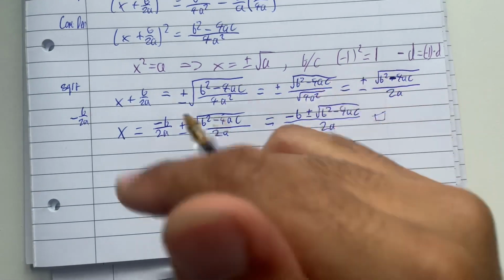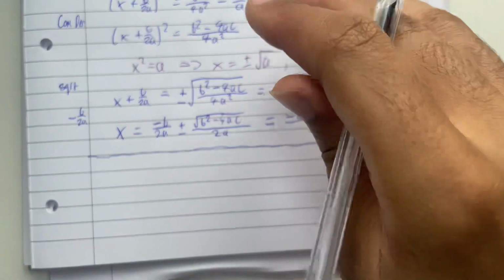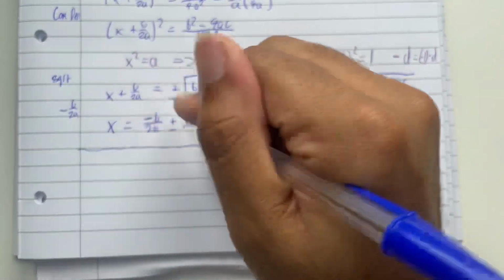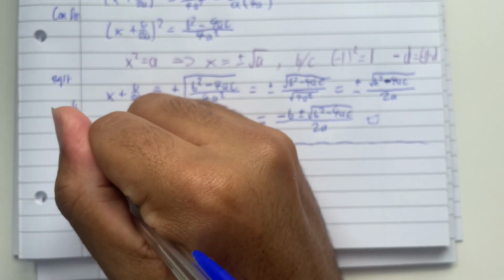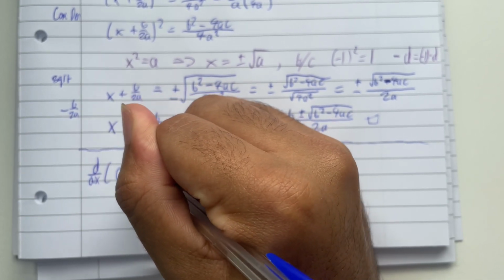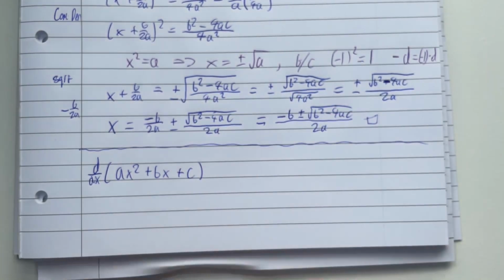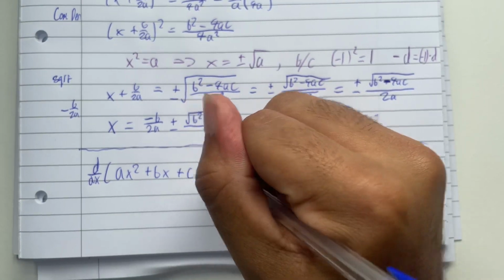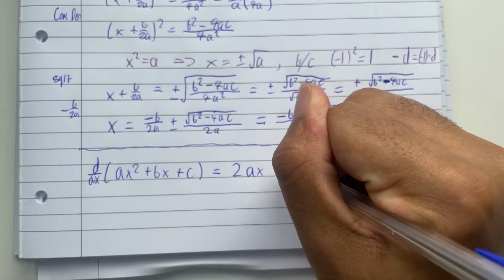Let me do a nice little aside here, a little thing that I thought was kind of cool. So you see this negative b over 2a term? Well, don't worry if you don't know what this is, but if I differentiate our quadratic, then we get 2ax plus b.